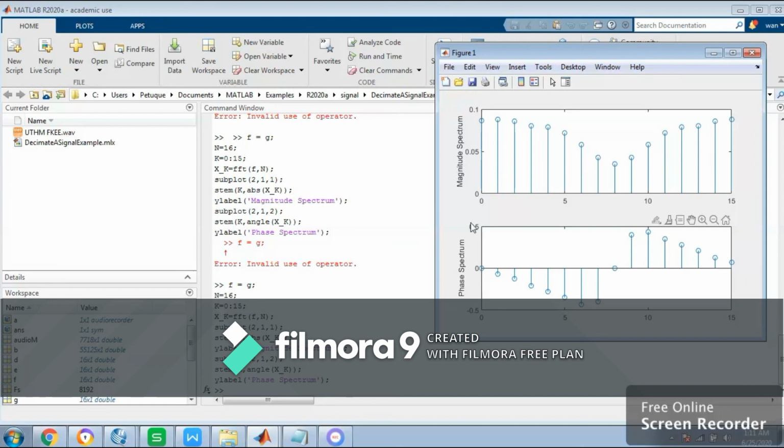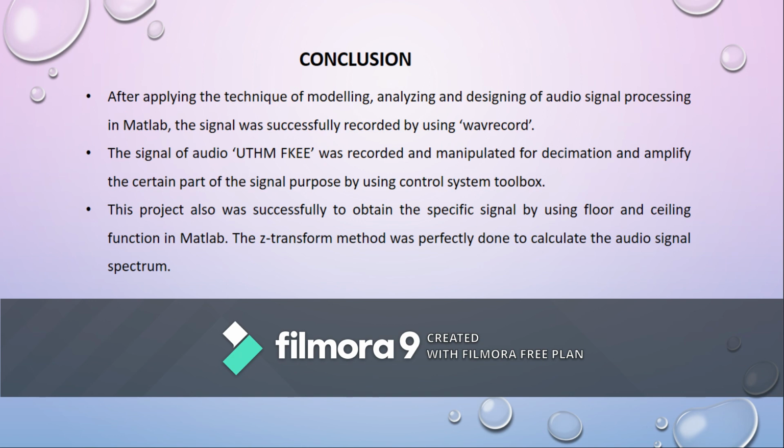Thank you. For the conclusions, after applying the technique of modeling, analyzing and designing audio signal processing in MATLAB, the signal was successfully recorded by using wavrecord. The signal of audio UTHM FKEE was recorded and manipulated for decimation and amplification of a certain part of the signal by using the control system toolbox.